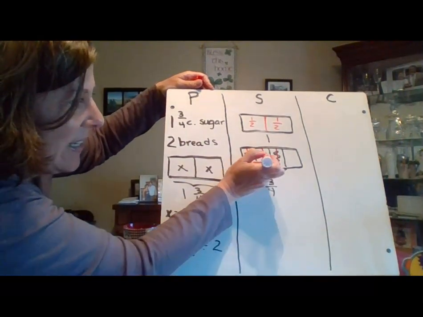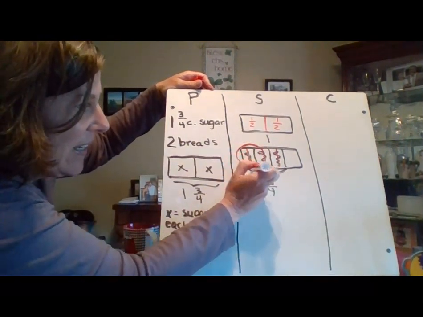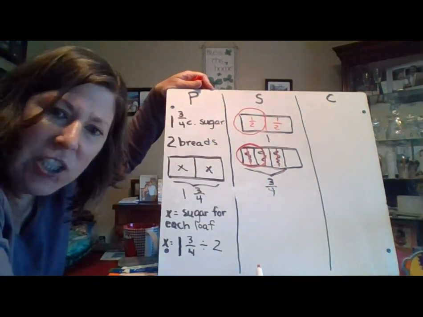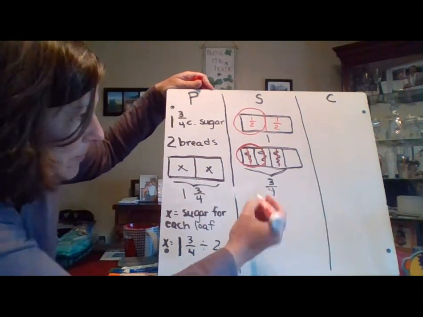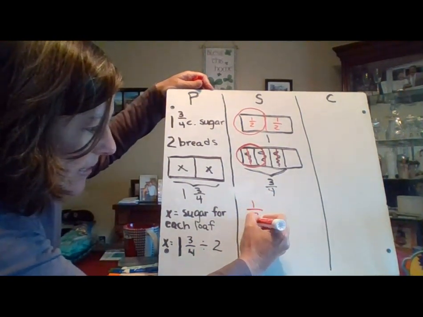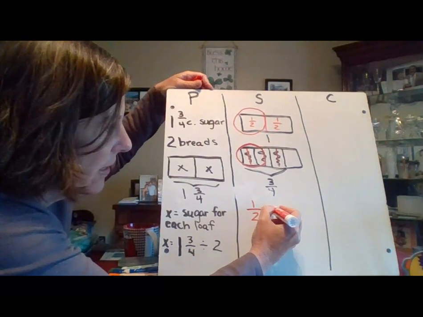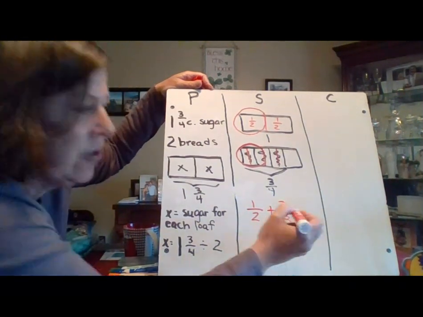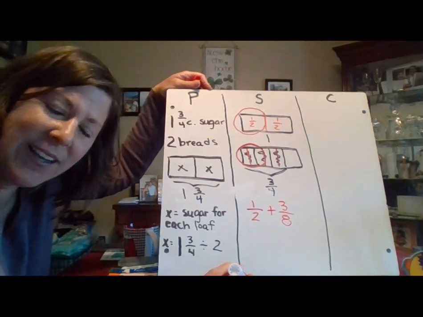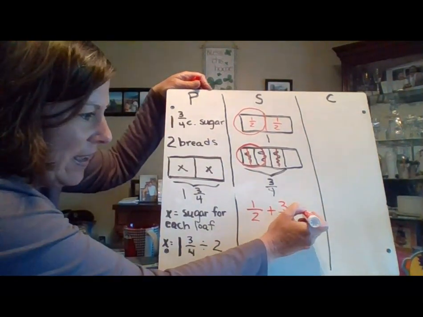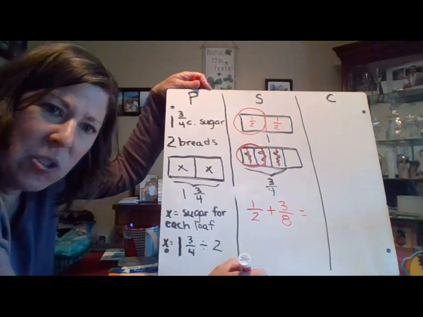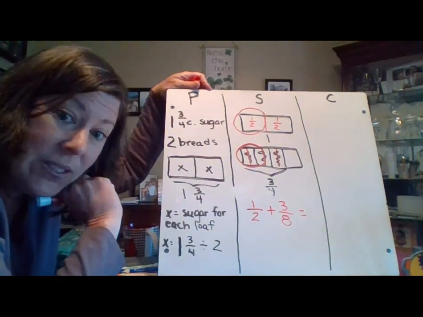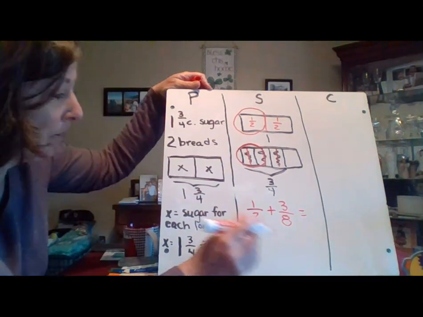That means that each loaf is going to use 1/2 plus another 3/8 of sugar. I'm going to add those two together, but they are not apples to apples. Have to make them apples to apples.